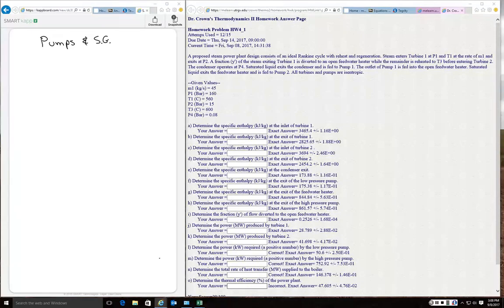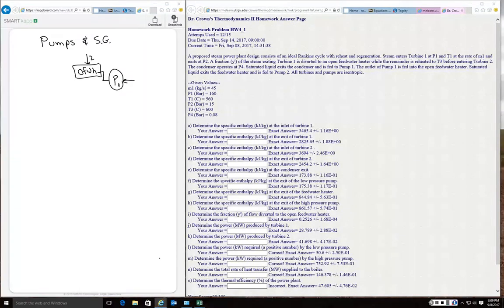So I've got coming out of my condenser a saturated liquid. I've got going into pump 1, and then that's going to feed my open feed water heater. And that's also fed by state 2 coming off my second turbine.